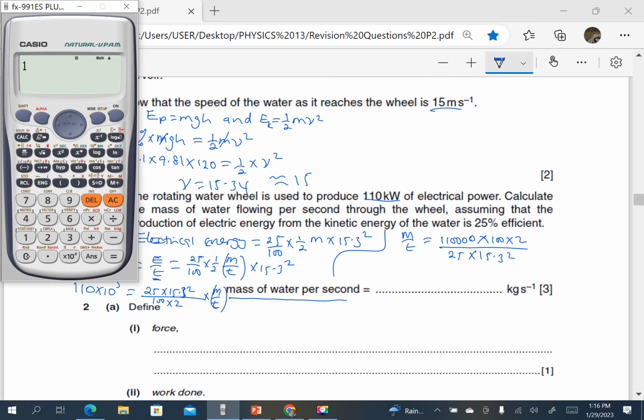So 110,000 times 100 times 2 divided by 25 times 15.3 squared.